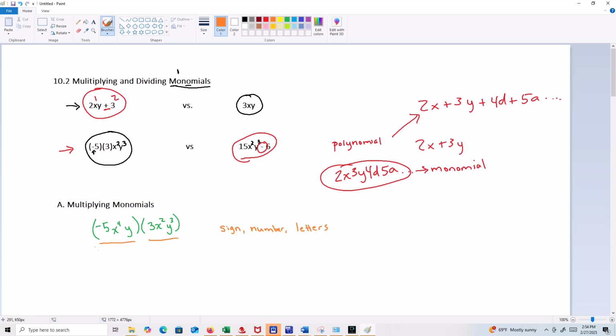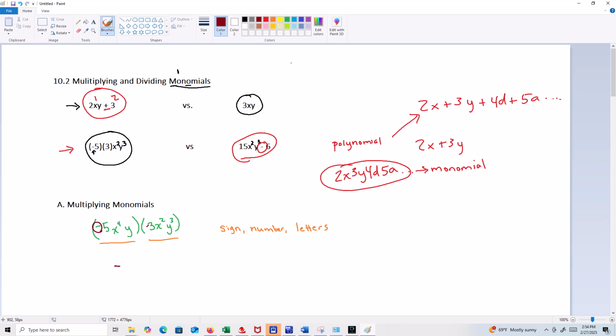All right, so sign. On the first monomial, we have a negative sign. And on the second monomial, there's a positive sign. So a negative times positive gets you negative. So our answer is going to start with a negative sign.